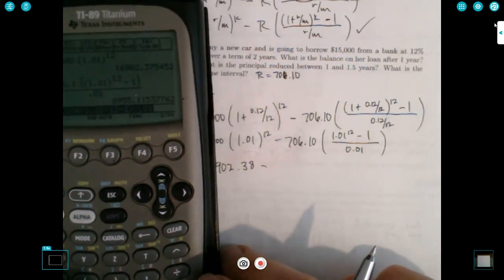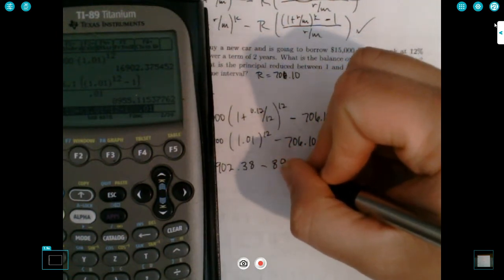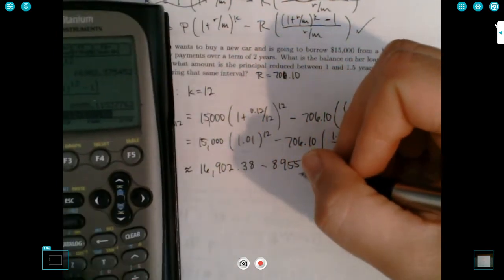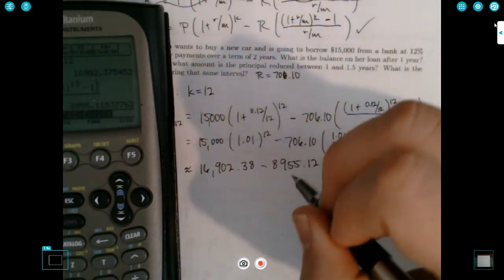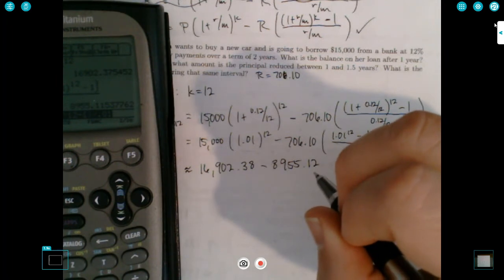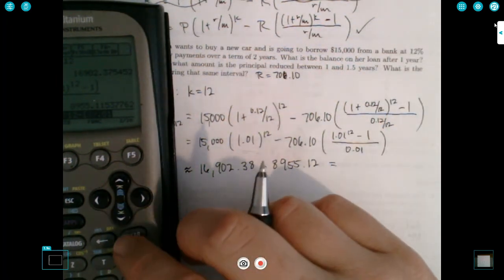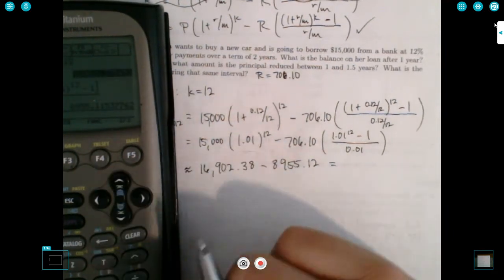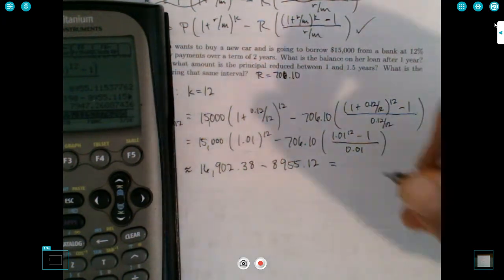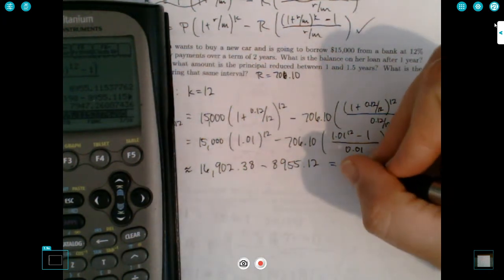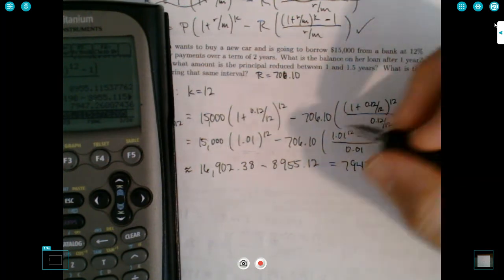Okay, so that's $8,955 and 12-ish cents, we'll say. Okay, but I'm just going to say this amount minus that amount is $7,947.26.